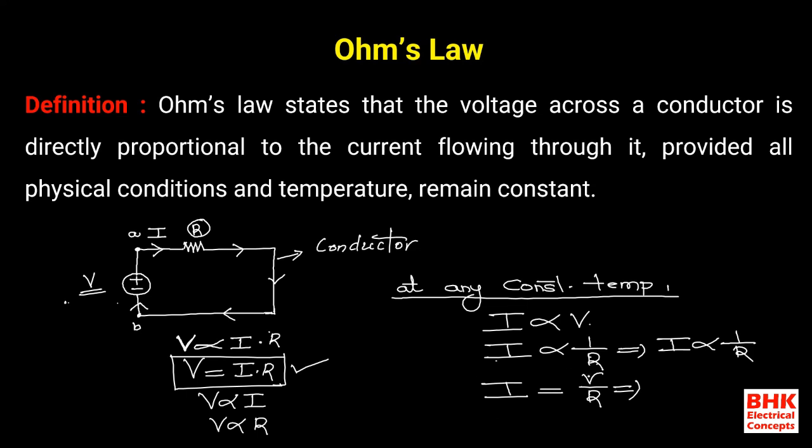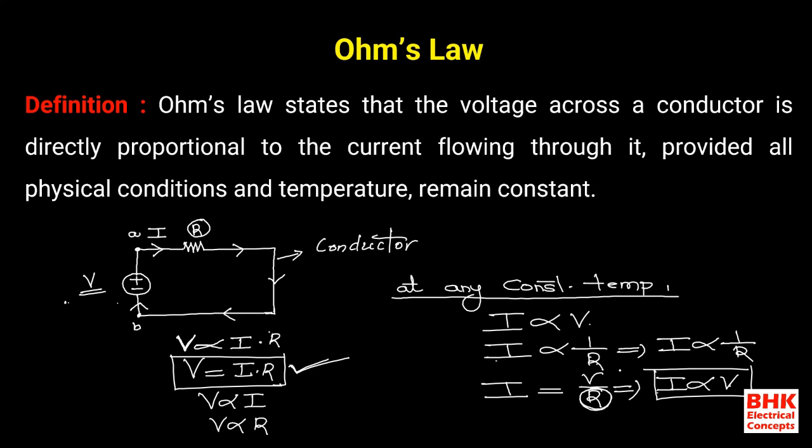Now observe this expression: current is directly proportional to V, that is, V is directly proportional to I. In both definitions we discussed, voltage is directly proportional to current. But the relation between current and resistance is always inverse, because the property of resistance is that it always opposes the flow of current.